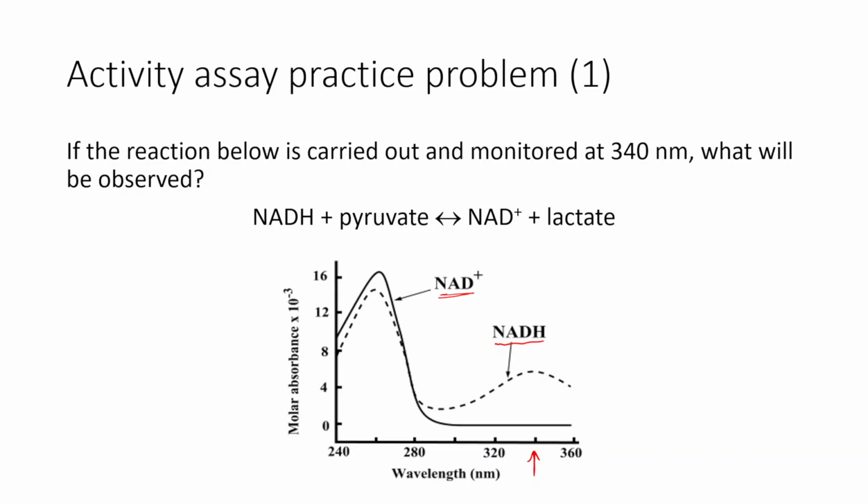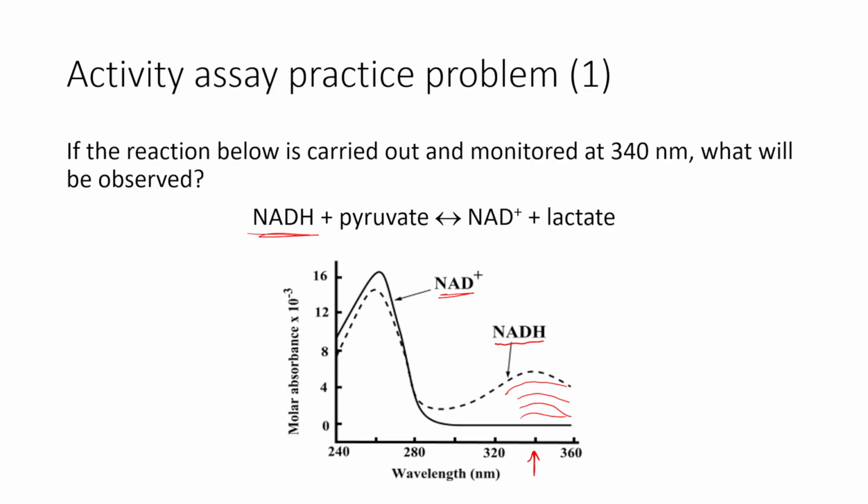So if we're just measuring what's happening at 340, we're only looking at what's going on with NADH. And we know that NADH is one of our substrates for our enzyme. So NADH is going to get used up over the course of the reaction. As we keep monitoring at 340, this curve might start up here at this absorbance and then slowly go down as we use up our NADH.